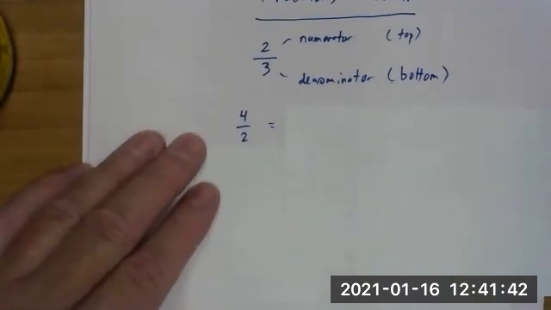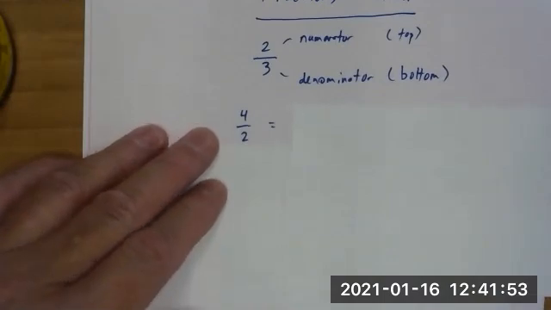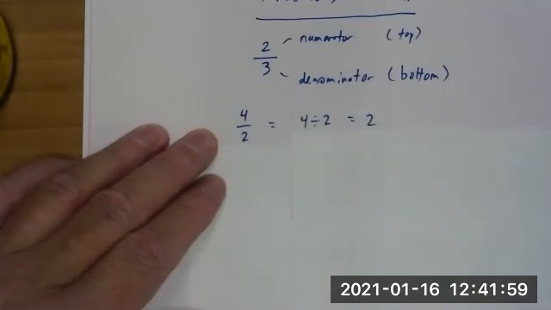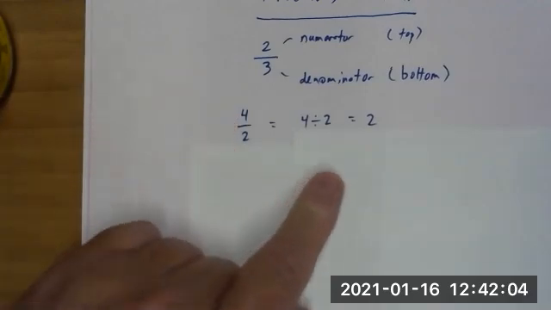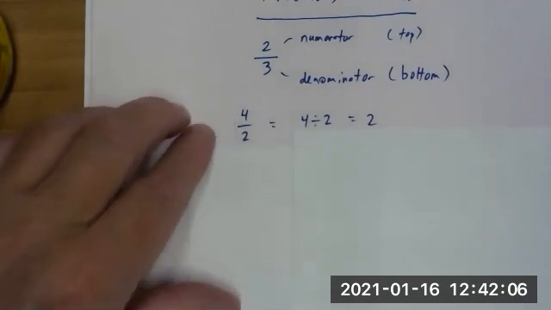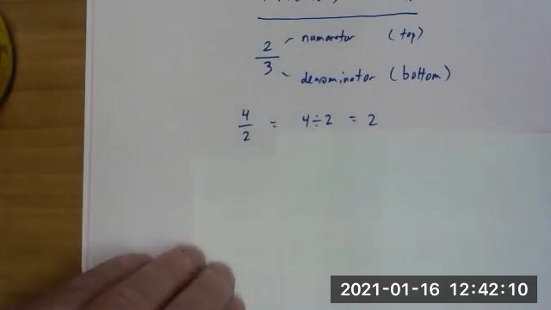Anytime you have a fraction, even in your head when you're looking at a fraction, matter of fact, you probably do this and don't even think about it anymore. 4/2 is really the same thing as 4 divided by 2, which of course equals 2. Therefore, we say the fraction 4/2 simplifies to 2. We're really dividing here. That becomes important when we do some problems later on.